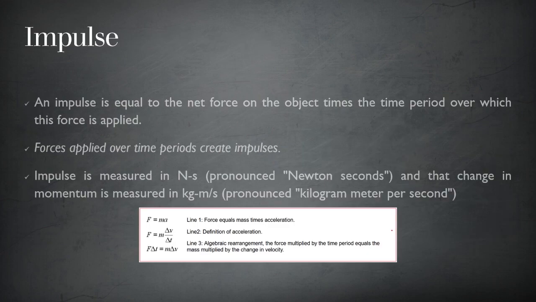An impulse is equal to the net force on the object times the time period over which this force is applied. So forces applied over time periods create impulses. If your force changes over time, the impulse changes too. Impulse is measured in newton seconds, and change in momentum is measured in kilogram meter per second.